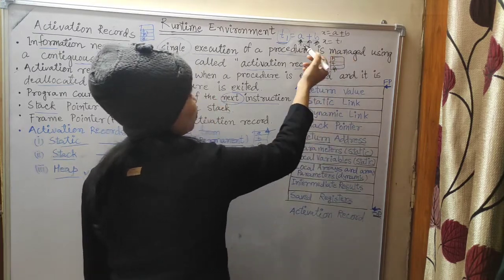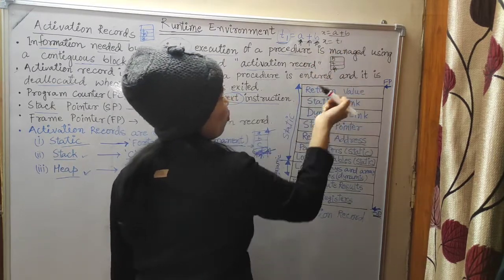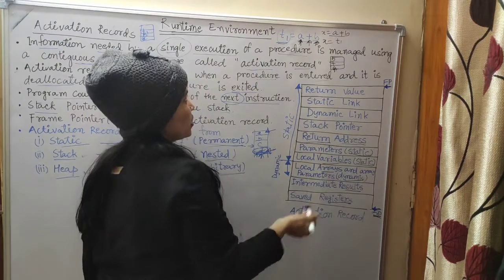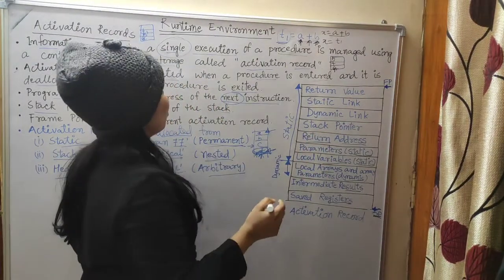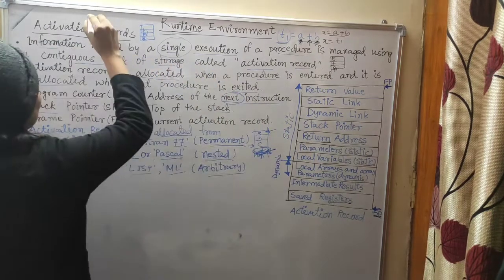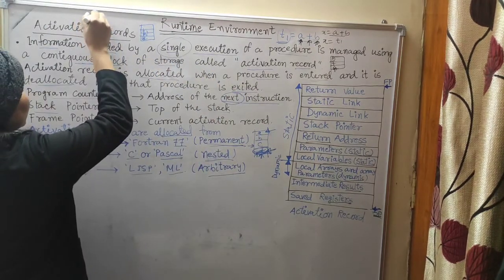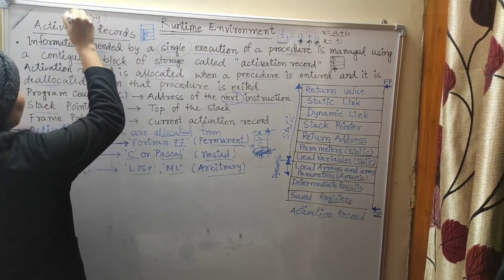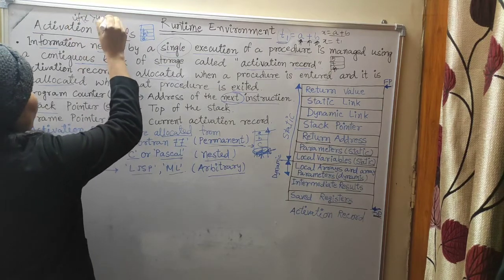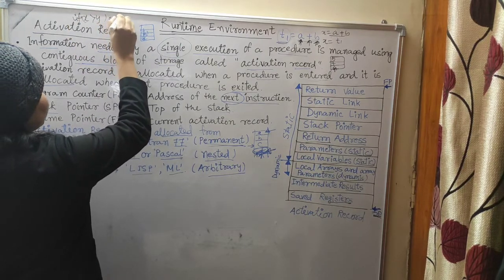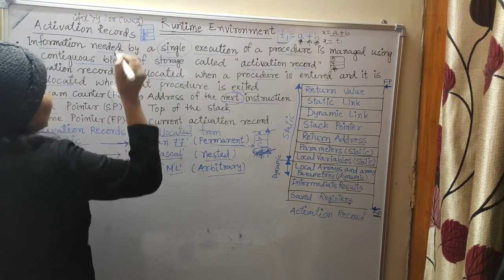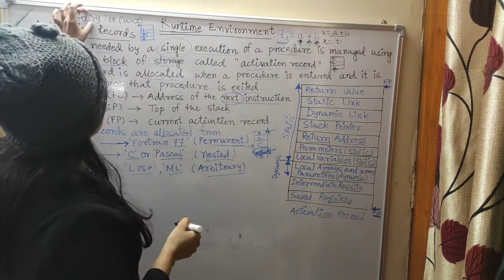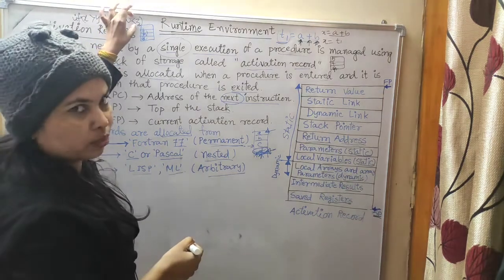Suppose I have taken only one input, just like we have seen in backpatching: if x greater than y or w less than z. Suppose I am writing two statements, so this one is linked to another one.